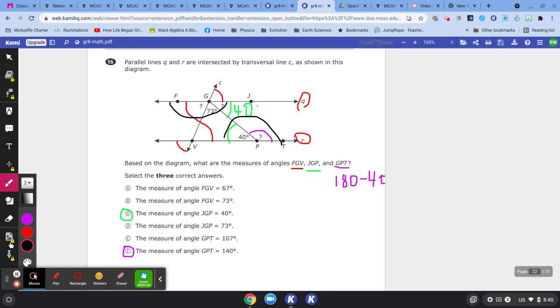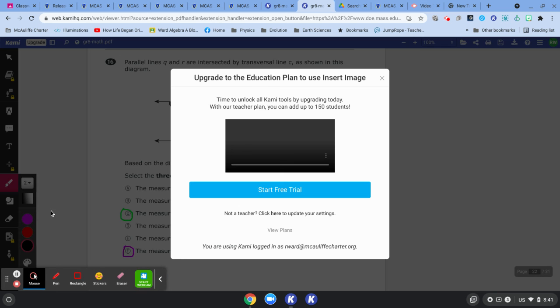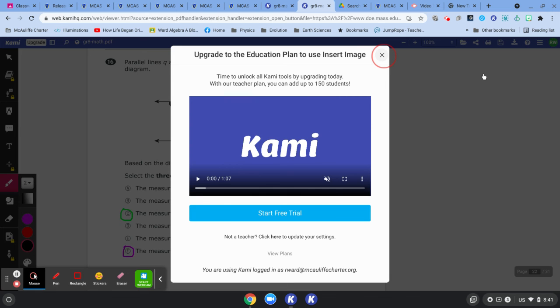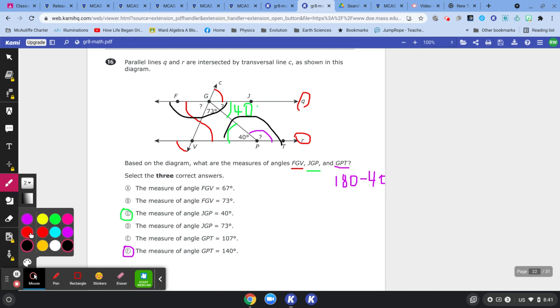So I'm going to say FGV is 180 minus the sum of 73 and 40.